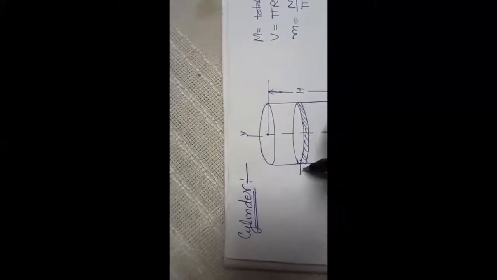This disk is of thickness dy at a distance y, and the radius of this disk is also capital R. Now this yy is the rotational axis of this disk.